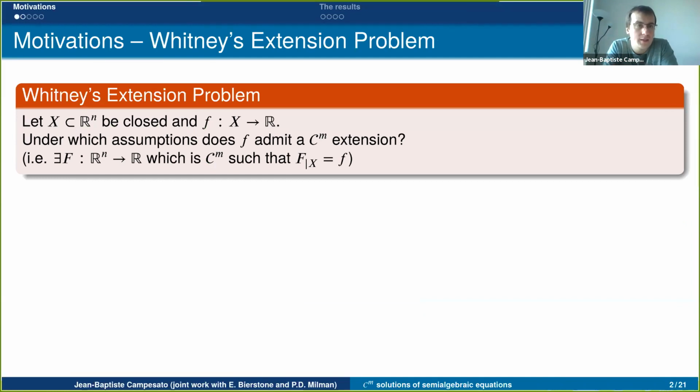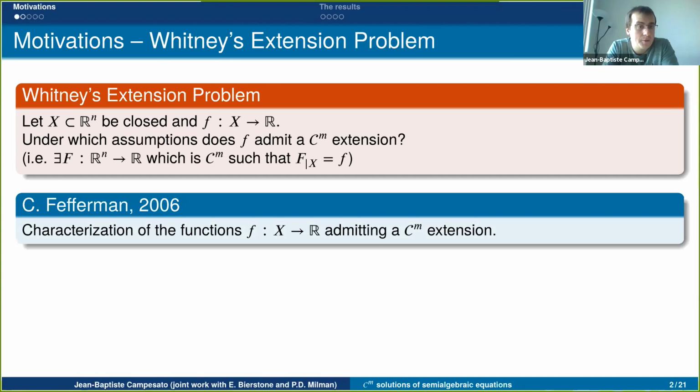There is a theorem of Whitney that I will explain on the next slides. But this question has been entirely solved very recently by Charles Fefferman in 2006. He gave a condition which is necessary and sufficient on such a function to have a C^m extension, or equivalently, to be the restriction of a C^m function.